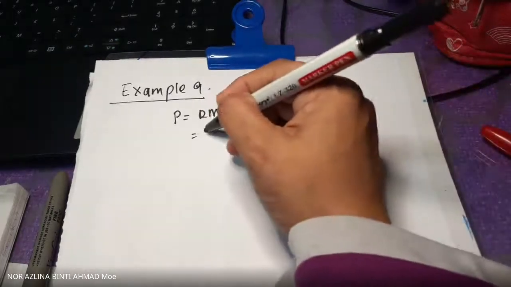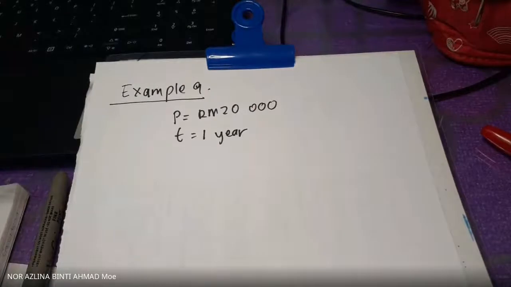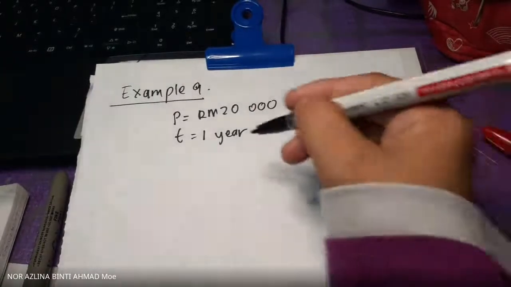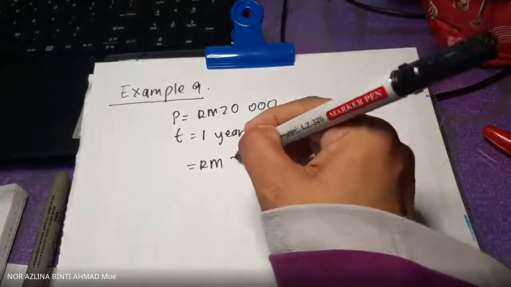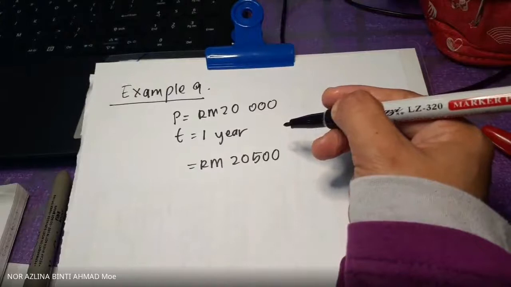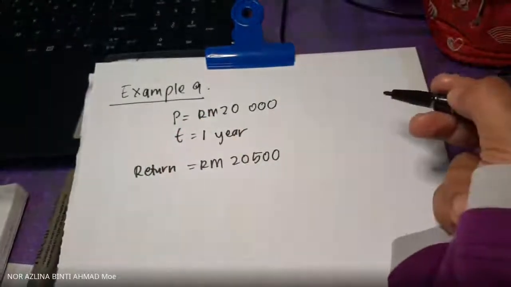This is T, 1 year. By the end of the year, he received a sum of RM 20,500 as a return from the saving.